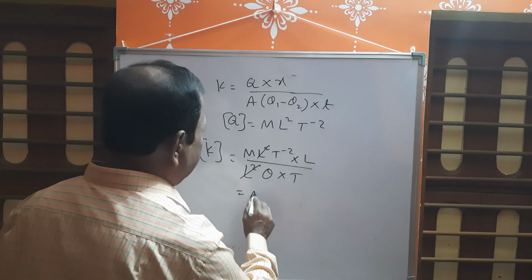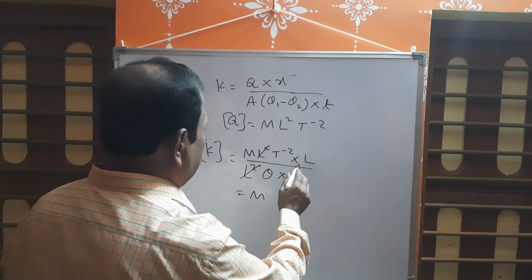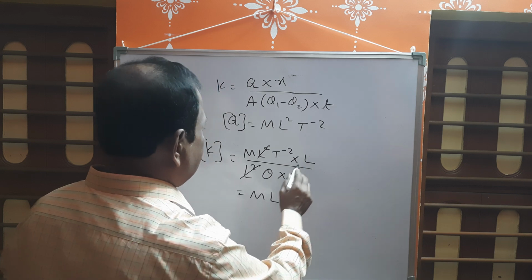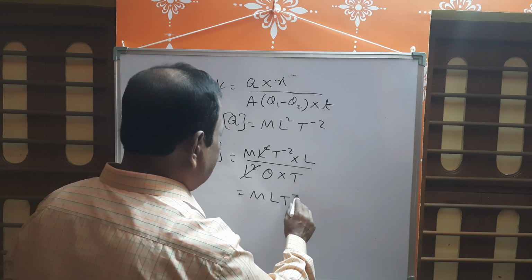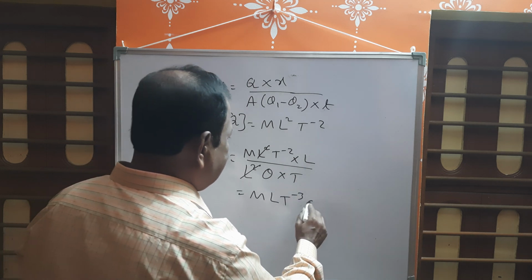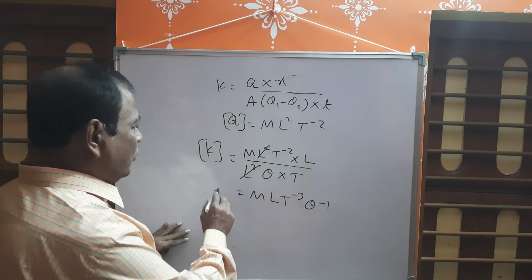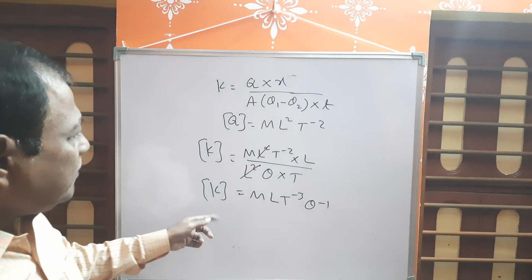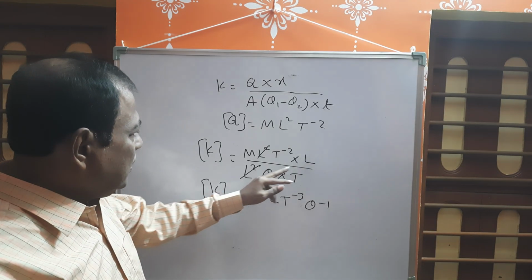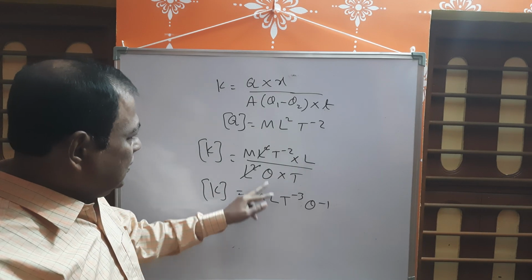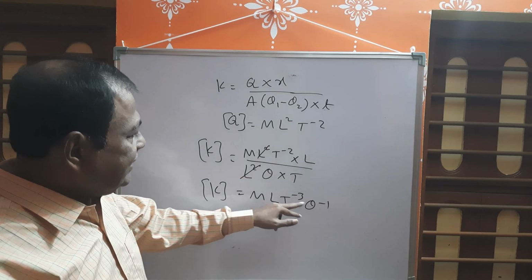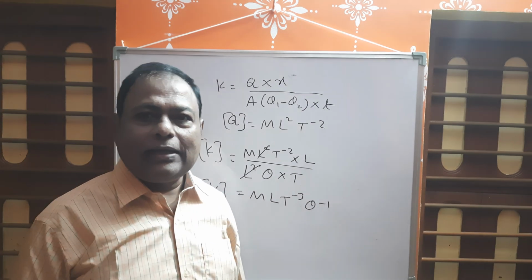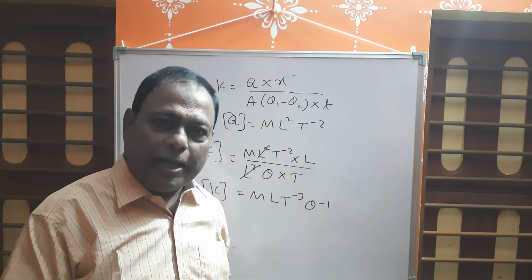Then the dimension of K is M L T to the power minus 3 theta to the power minus 1.